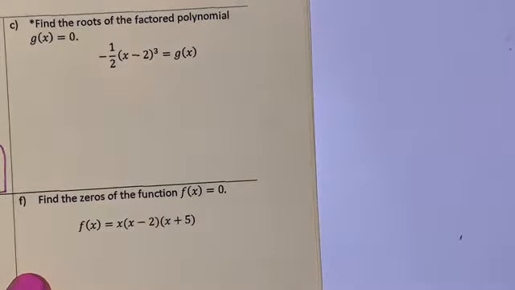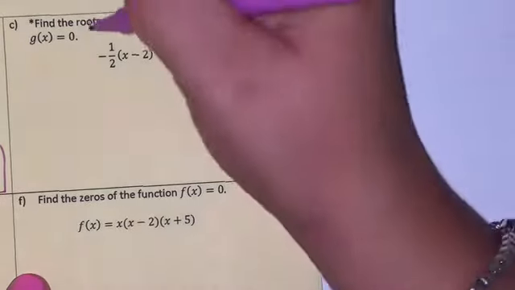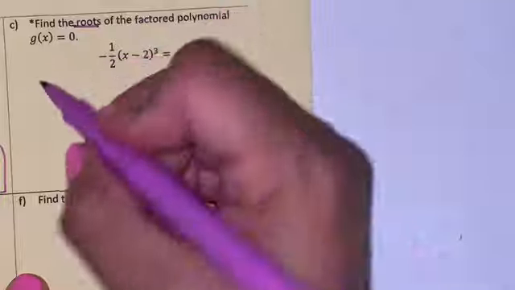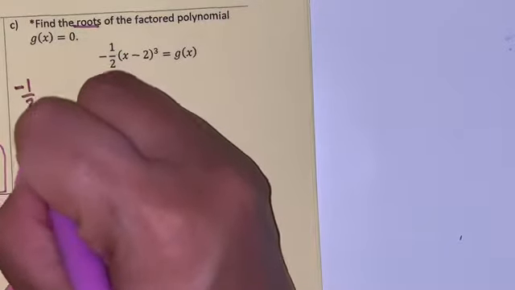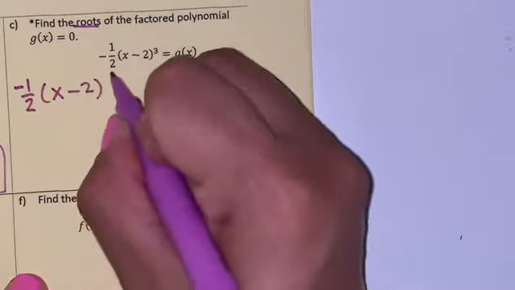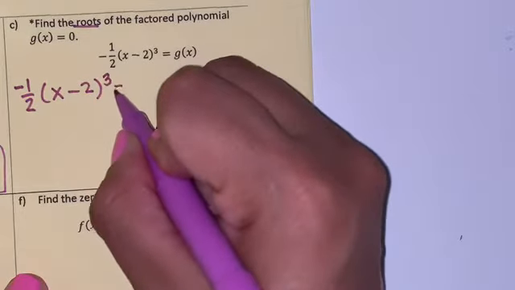Okay, find the roots. This is different. So find the roots of the factored polynomial g of x equals 0. So g of x equals 0, so let's rewrite this. Negative 1/2 times x minus 2 to the third equals 0.